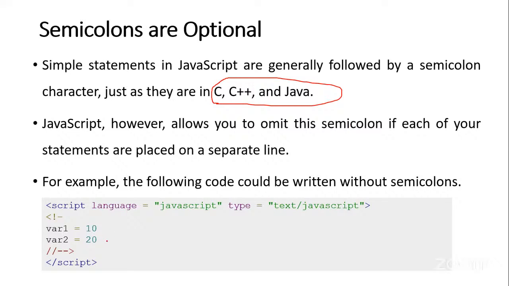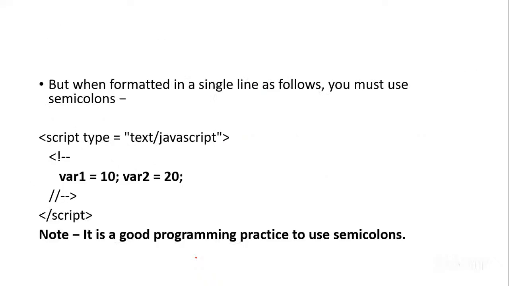See this code? Here we have two statements. Variable 1 assignment 10, variable 2 assignment 20. I have two variables and I am storing 10 and 20 respectively in those two variables, but I am not writing a semicolon at the end of each statement because semicolon is optional. But one more important point is, suppose you want to write two statements in a single line.